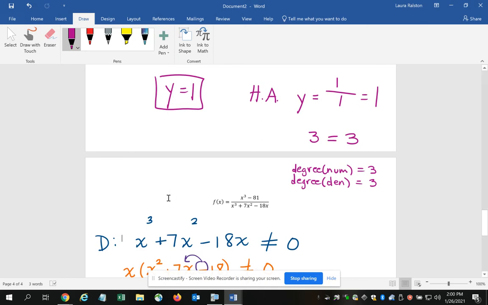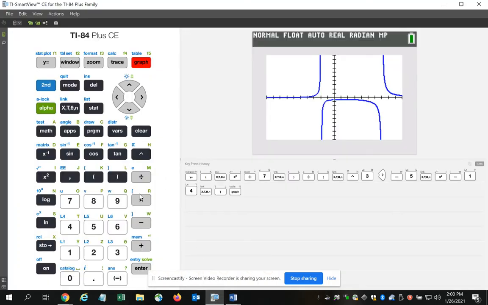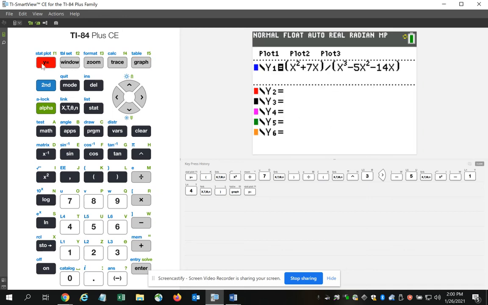Now again, you can take a look at this on the graph if you so choose. Let me clear this one out. You would type it in with parentheses.